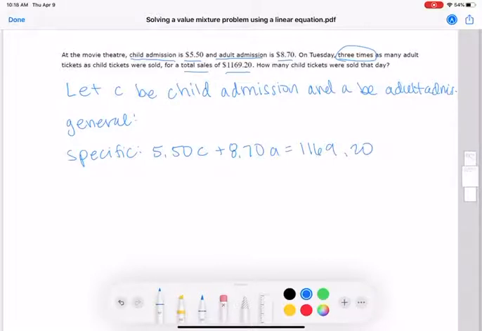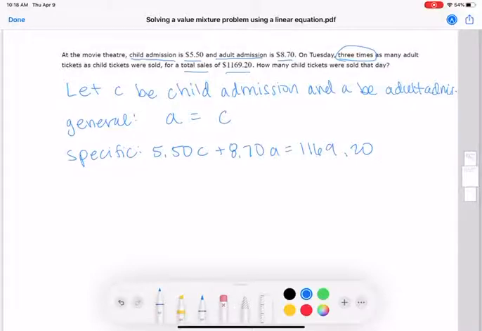And in general, this is the one where it says 3 times. Okay, so 3 times as many adult tickets as child tickets. So I'm going to write the A and the C and try to figure out where that 3 goes. So the A equals 3 times the amount of child.